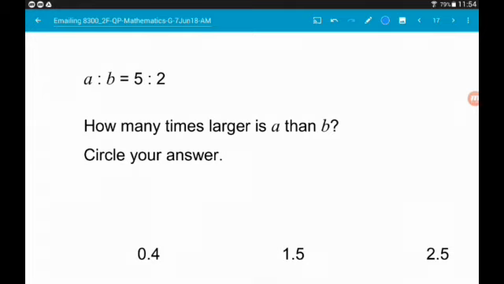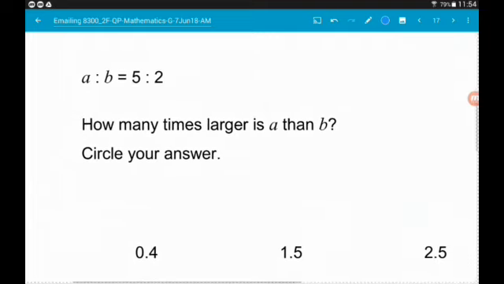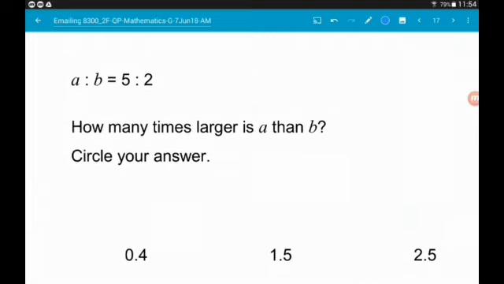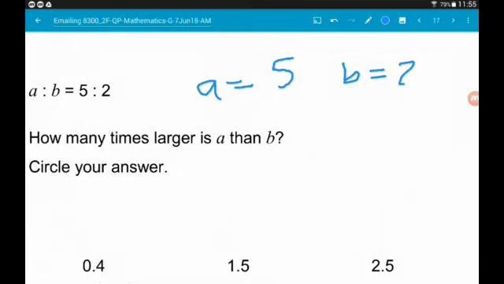How many times larger is A than B? If A and B are in the ratio 5 to 2, we could think of A as being 5 and B being 2. We want to know how many times larger A is than B. So if we do 5 divided by 2, we get 2.5.